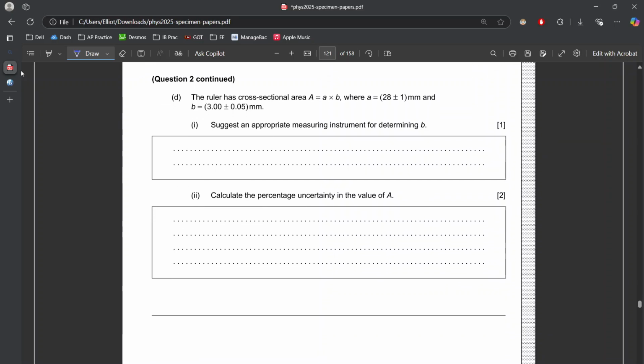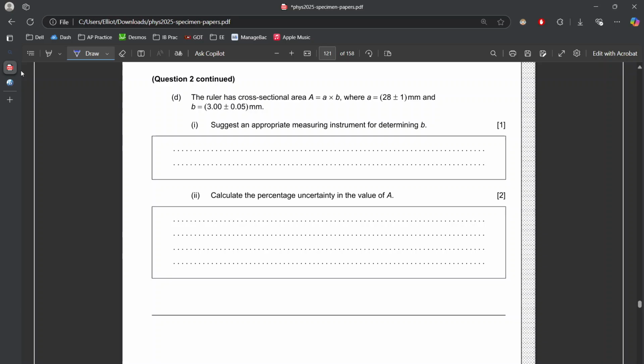Okay. A ruler has cross-sectional area. Area is equal to A times B, where A is equal to 28 plus or minus 1 millimeter, and B is equal to 3 plus or minus 0.05 millimeters. Suggest an appropriate measuring instrument for determining B. Okay.